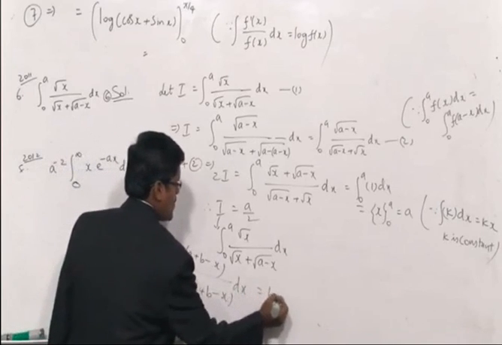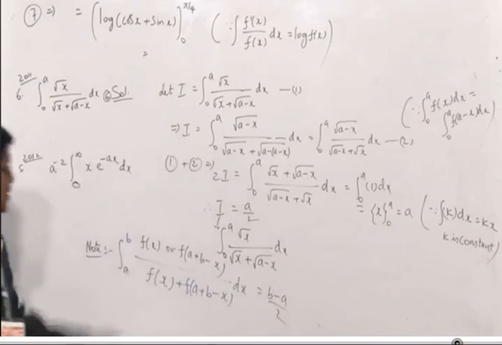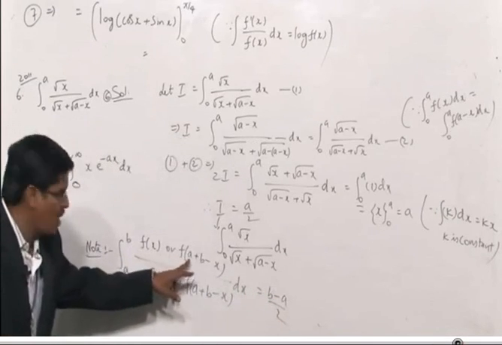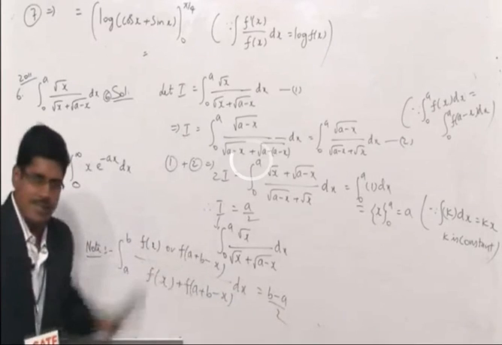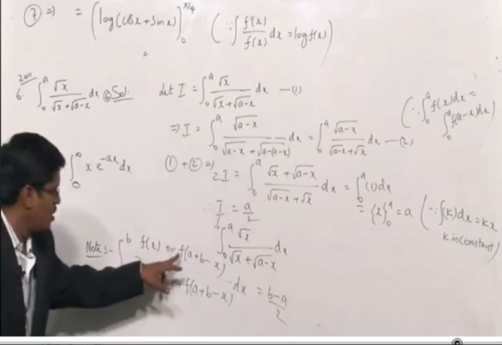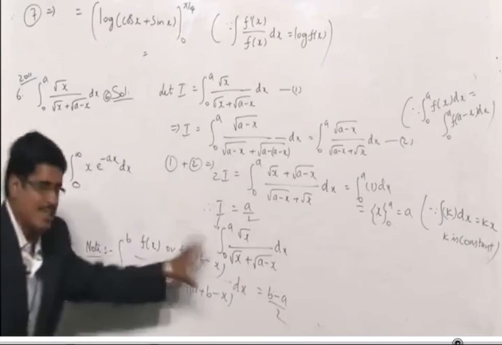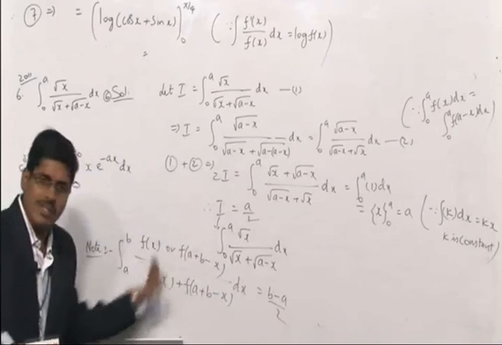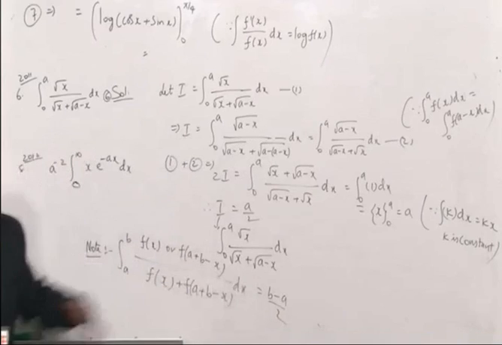The answer is upper limit minus lower limit by 2. The numerator is f of x or f of the sum of the limits minus x. If both are present in the denominator, then the answer is the difference of the limits by 2.